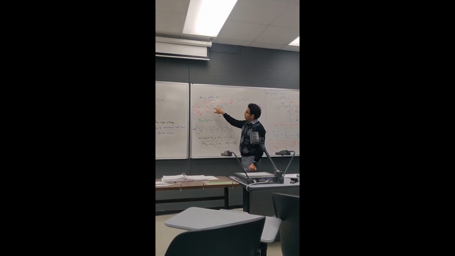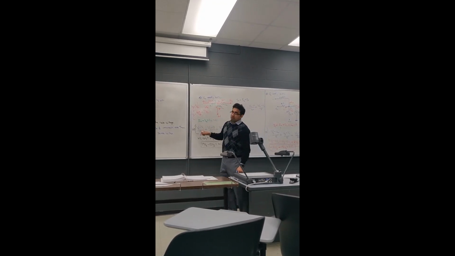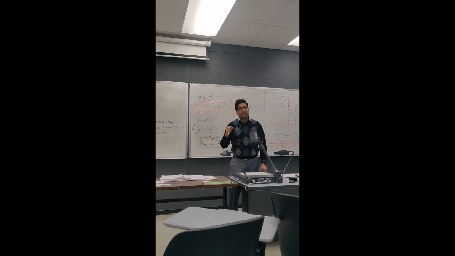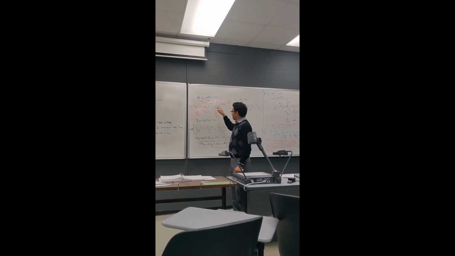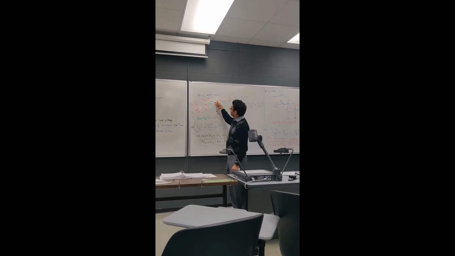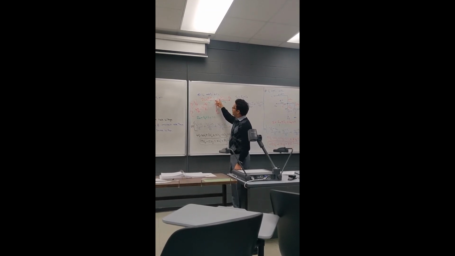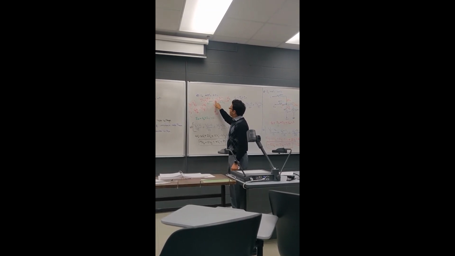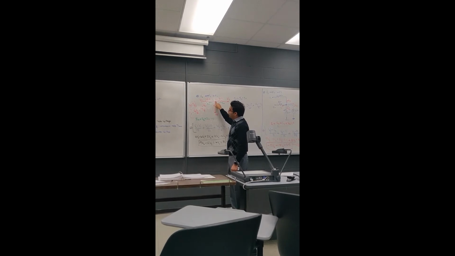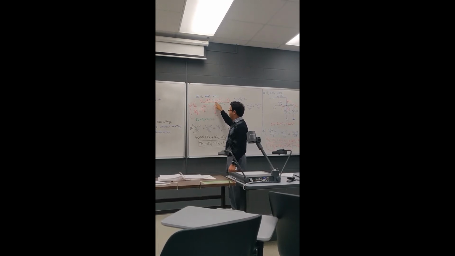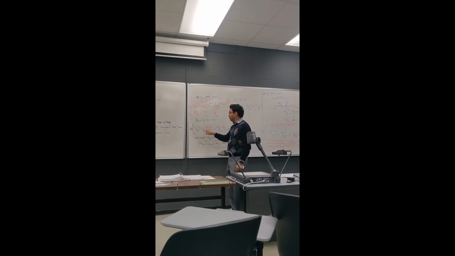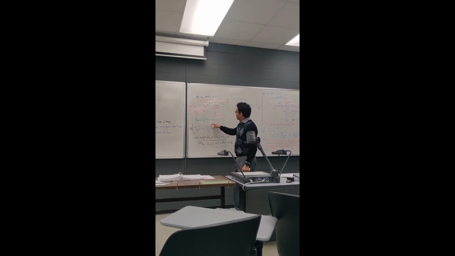Why is it V2 minus V1, why not V1 minus V2? Because current always flows from higher potential to lower potential. I'm choosing IA flowing from V2 to V1, so V2 must be a higher potential than V1, so I write V2 minus V1 over 15. And IB equals V2 minus 0 over 20.